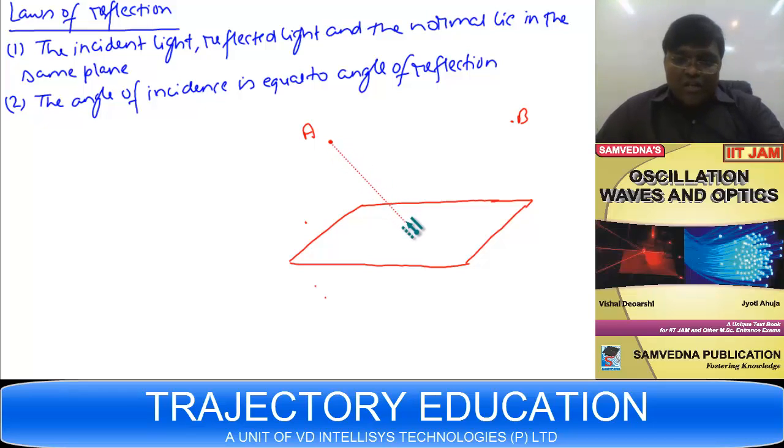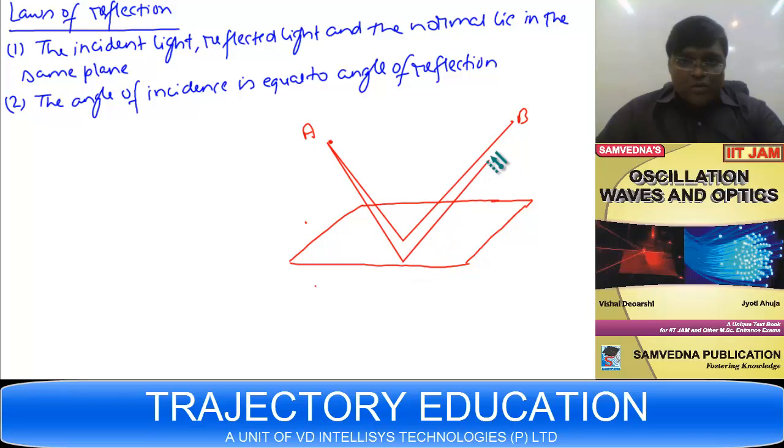So the light can take any route, right? The light can fall like this. Light can also take this route. Light can also fall like this.